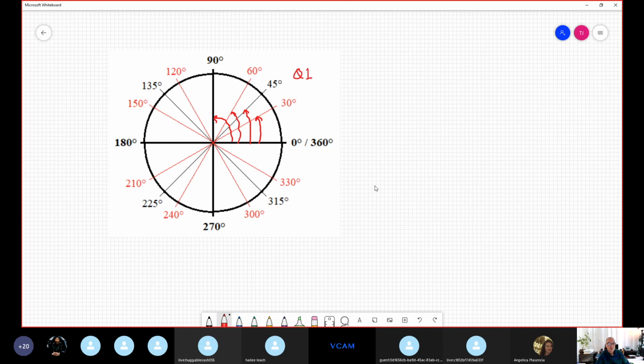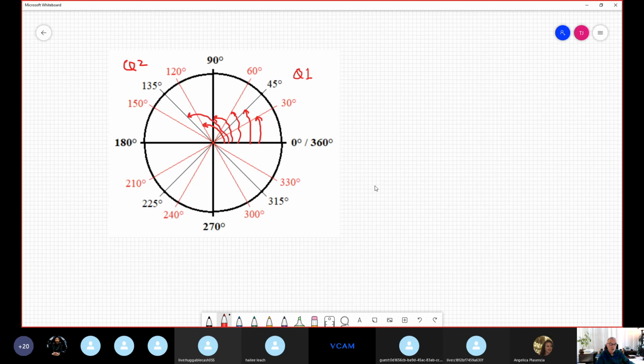In the second quadrant, okay, it is increasing by 30. 90 plus 30, 120. This is the angle 120 that belongs to quadrant 2. 90 plus 45 is 135 degrees.